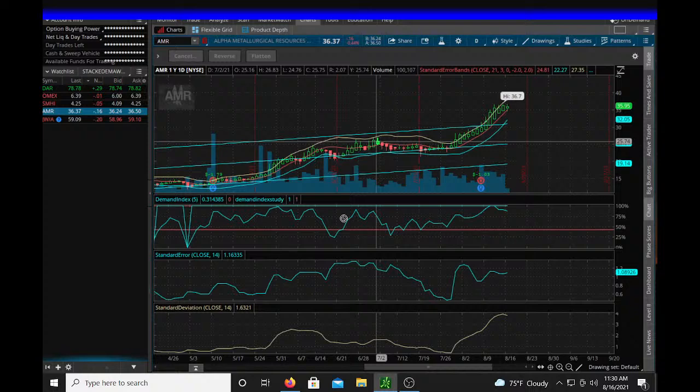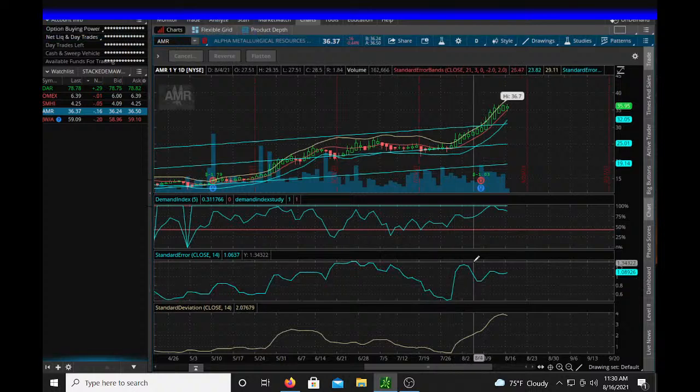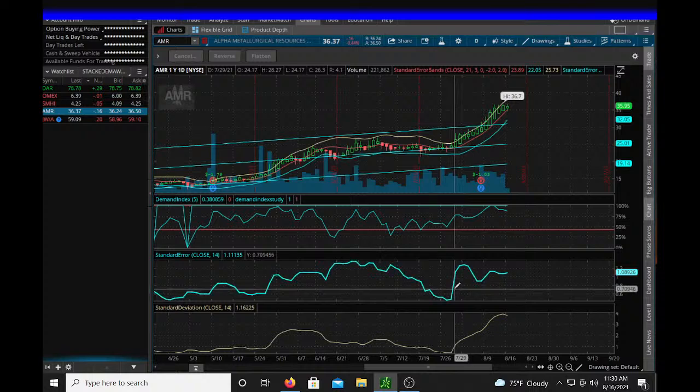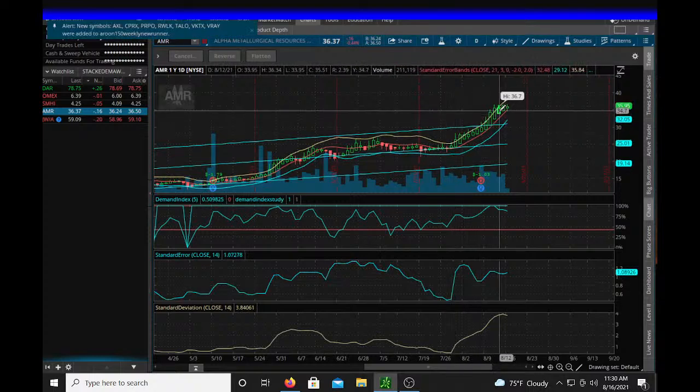But we can see that our demand index and our standard deviations and standard errors, they do catch them very, very good. And when we see that greater than 0.95, that is somewhere around this area here, okay? And that's when we start to see these big moves up, okay?